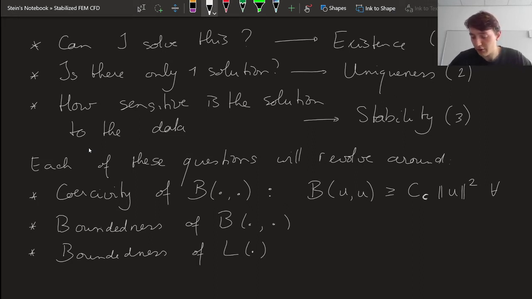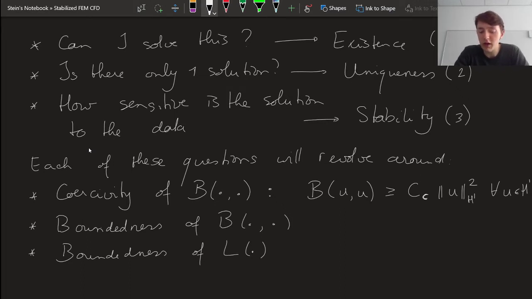And this has to be true for all functions u in, let's stick with the example of H1 as our space. We know that norms change from space to space, so if we have this bilinear form with functions in H1, then naturally we also take the H1 norm. This is just a definition, and we'll try to get a little bit familiar with it while we try to answer these three questions. But for now, just take it as a definition.